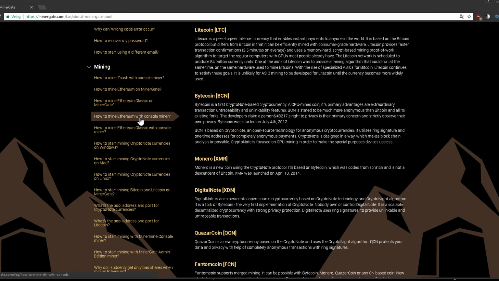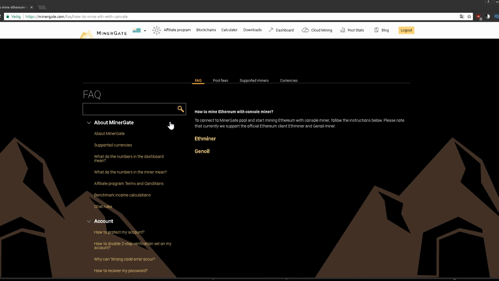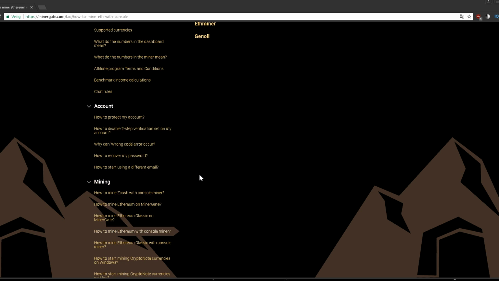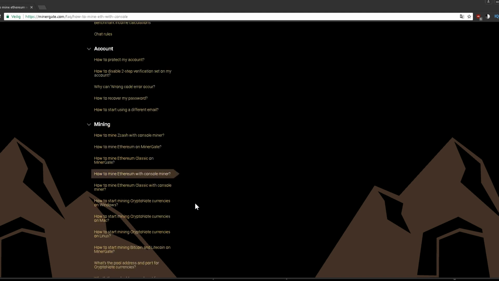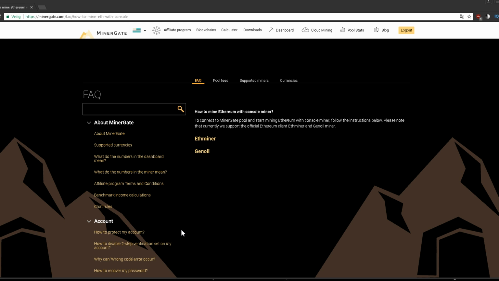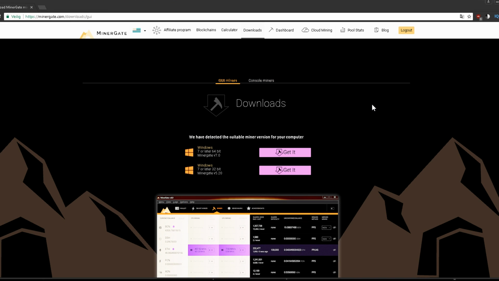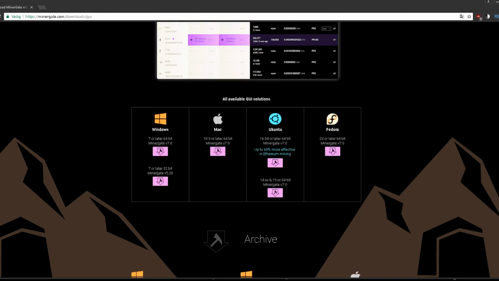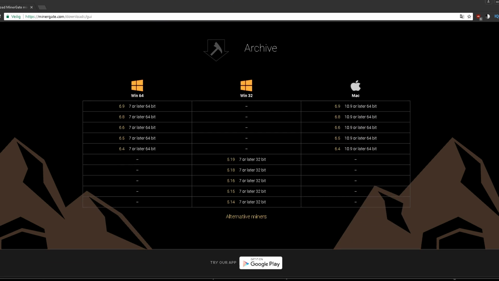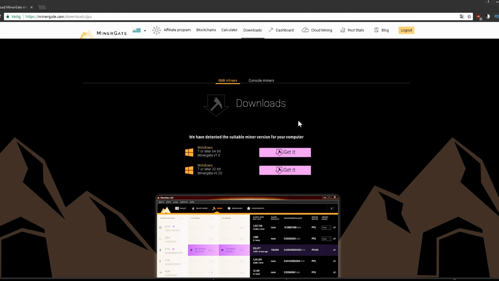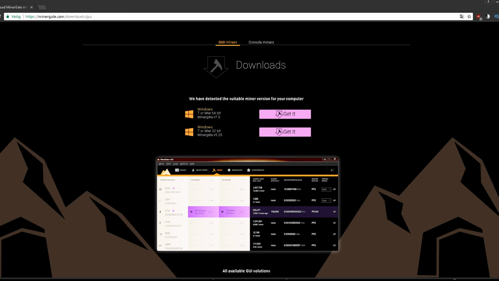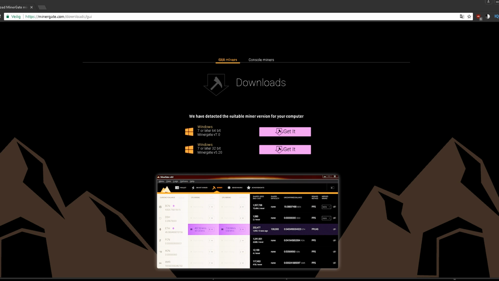But they can give you some good tips on how to do things, if you have problems setting up your miners or problems with the site or whatever, you can check this out. Alright, let's go back to downloads, and I think I've covered this pretty much everything. So here you can actually download what you need for whatever OS or whatever technical equipment you are using.